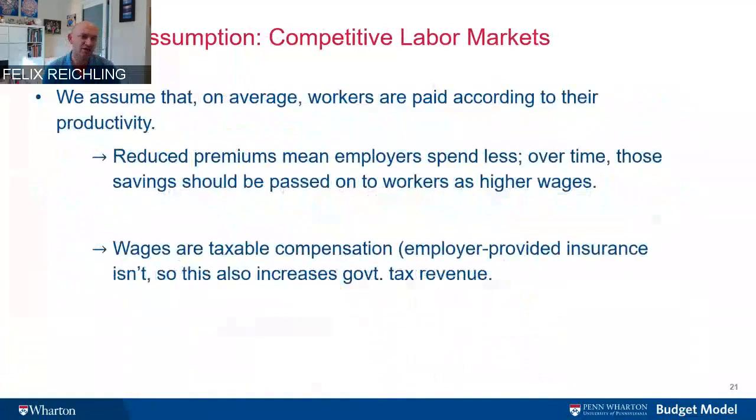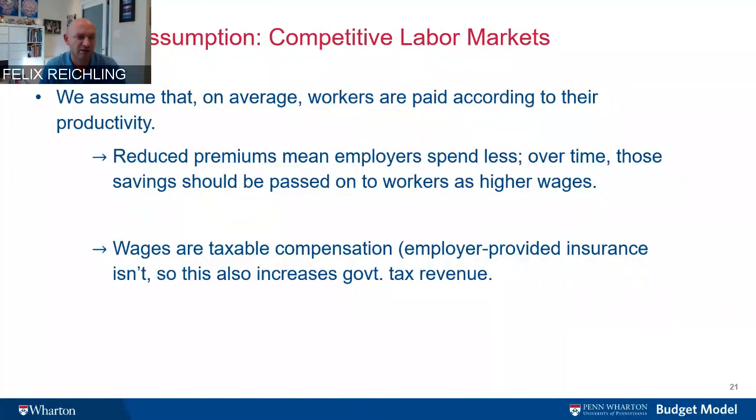The one key assumption here, though, and we have to highlight this, is that we assume competitive labor markets. So if healthcare costs go down, employers will eventually pass those cost savings on to their workers in the form of lower premiums. Because if not, then workers would move from those firms to a company that offers higher pay and lower premiums.